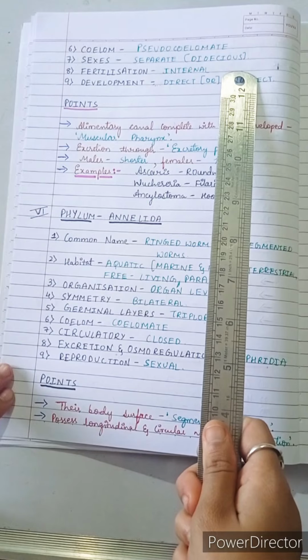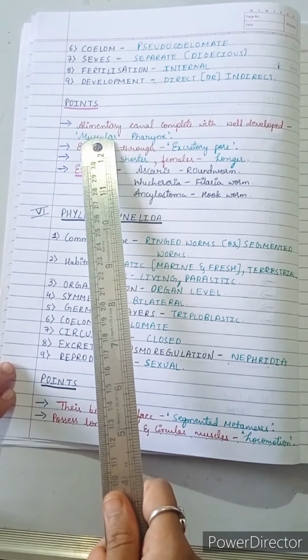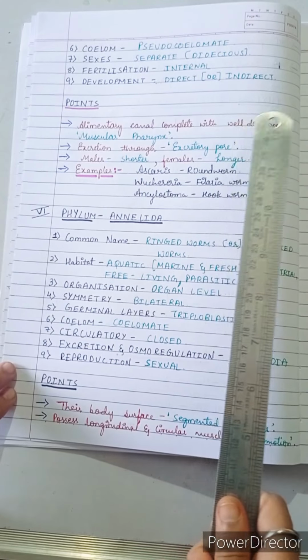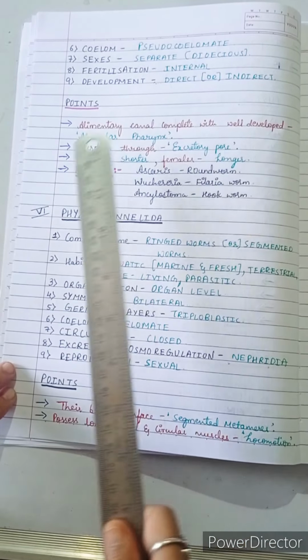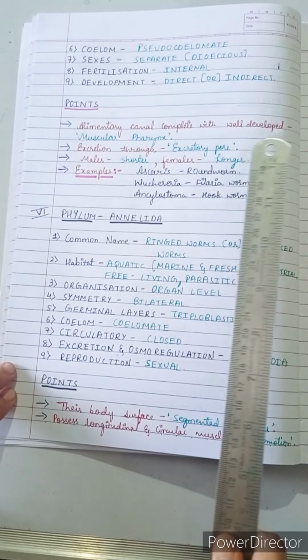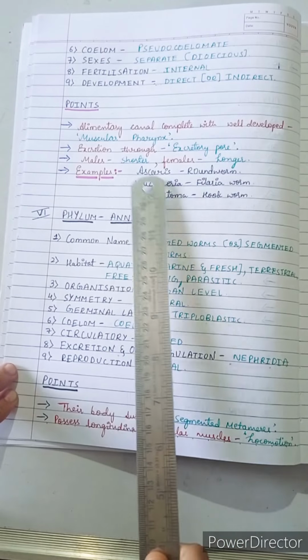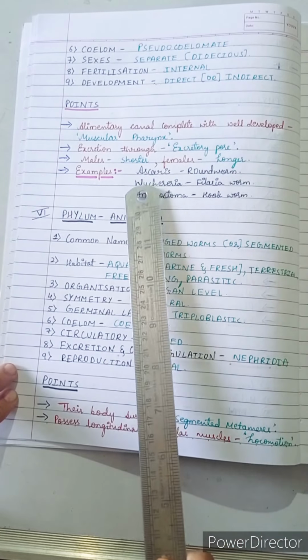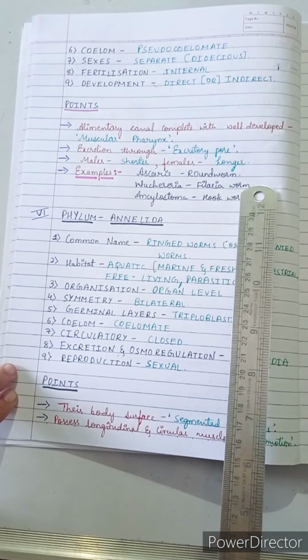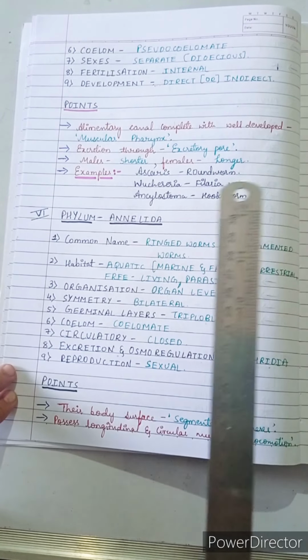Fertilization is internal. Development is direct or indirect. The alimentary canal is complete with a well-developed muscular pharynx, and excretion is through the excretory pore. Males are shorter and females are longer. Very easy to identify this phylum. Examples are Ascaris, roundworm, Wuchereria, filaria worm, and Ancylostoma, hookworm.